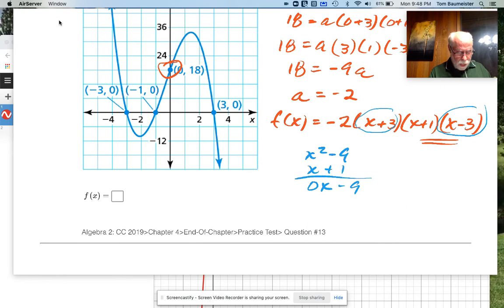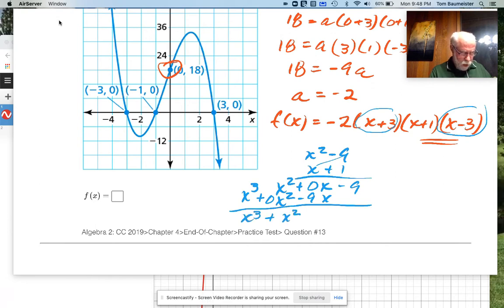And then 1 times x squared is x squared. Now I'll have negative 9x. And then I don't have an x squared here, so I can put a 0x squared there. And then x times x squared is x cubed. So that would give us x cubed plus x squared minus 9x minus 9.